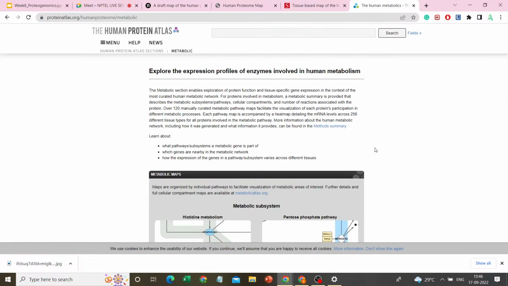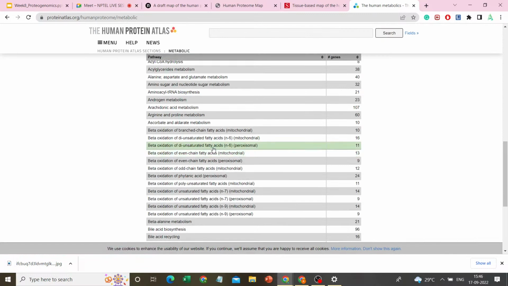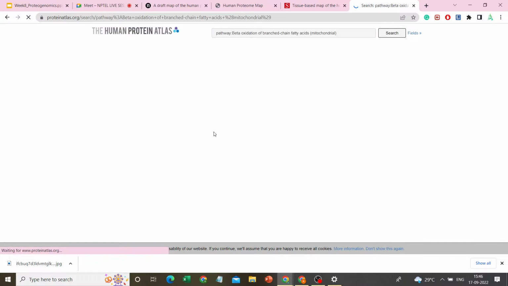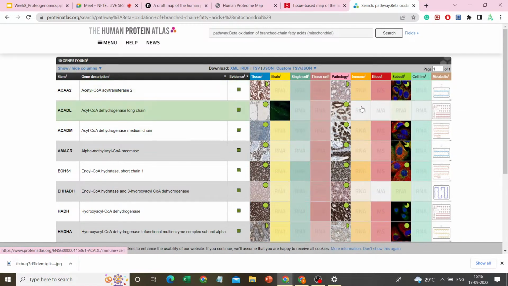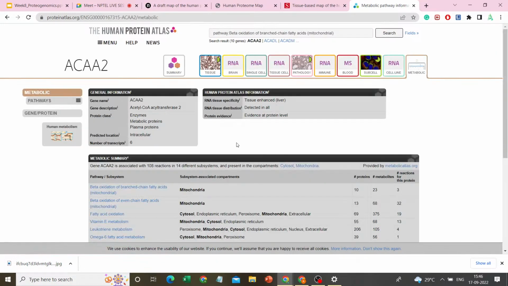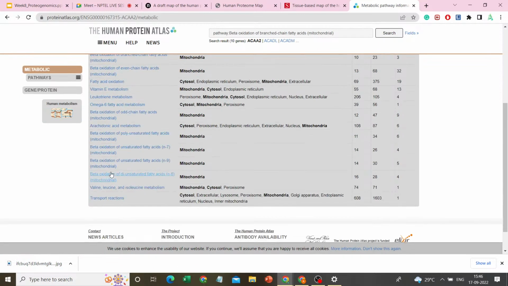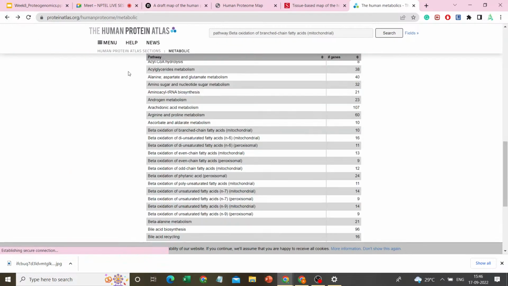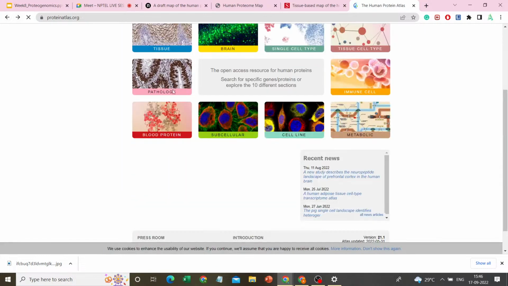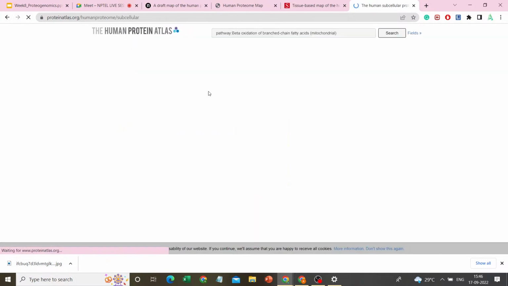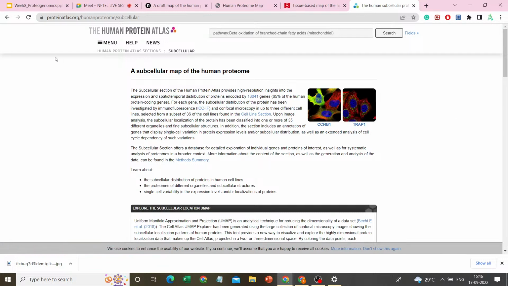If I go to the metabolic subsystems, cellular composition, and go for the beta oxidation of branched chain, you can see the pathology, what the enzymes are, tissue enhanced, detected in all, protein evidence, pathways. You can identify everything, and also the subcellular localization, or subcellular map, of the human proteins.